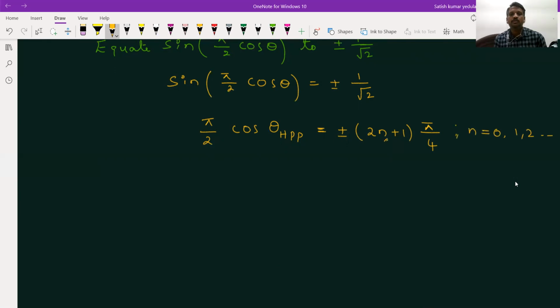If you put n equal to 0, then cos theta at the half power point direction will be pi by 4 with pi getting cancelled, 2 goes twice, then plus or minus 1 by 2.